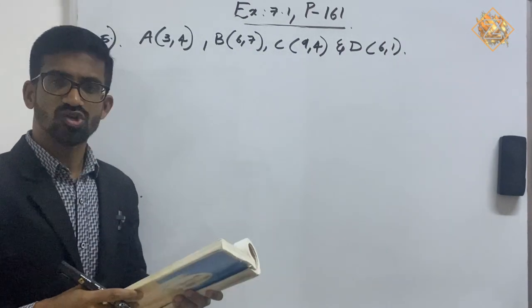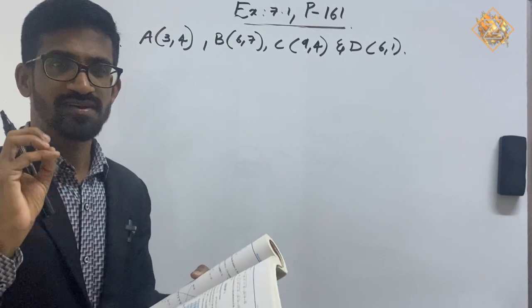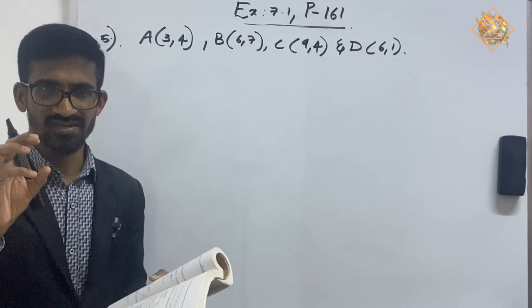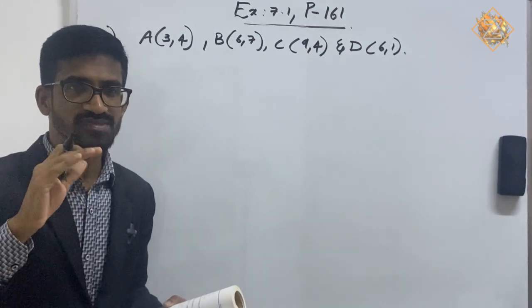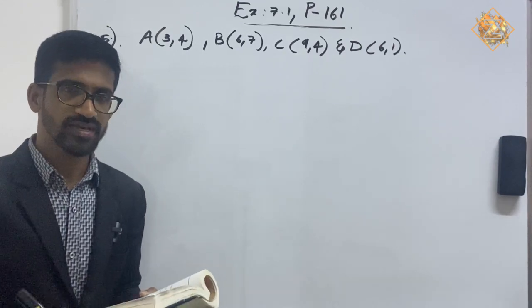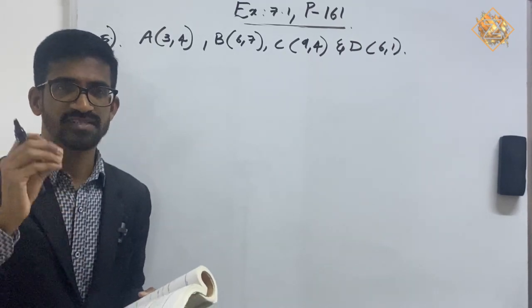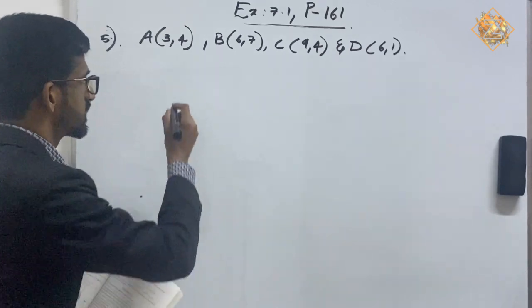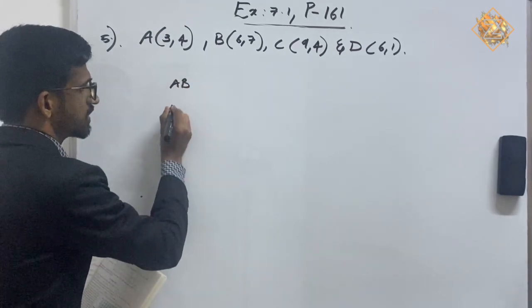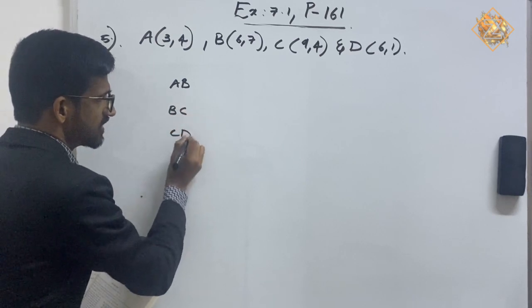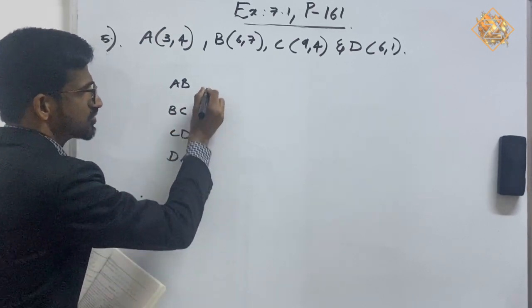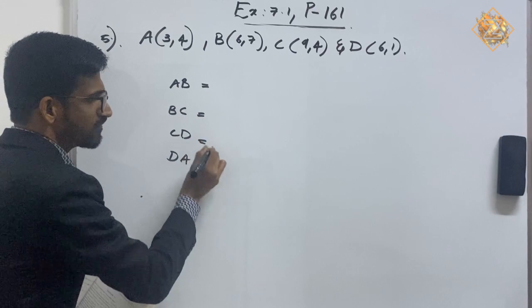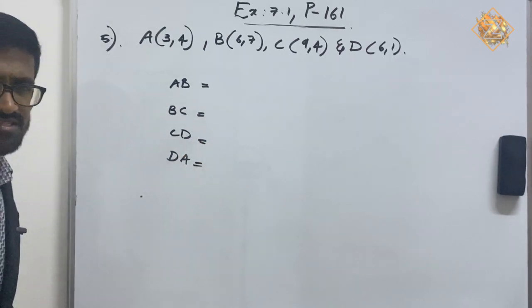Okay. Now the question here is to check whether the given quadrilateral ABCD forms a square or not. For that we have to first find the length of each side of the quadrilateral. We have to find AB, BC, CD and DA, using distance formula, isn't it?